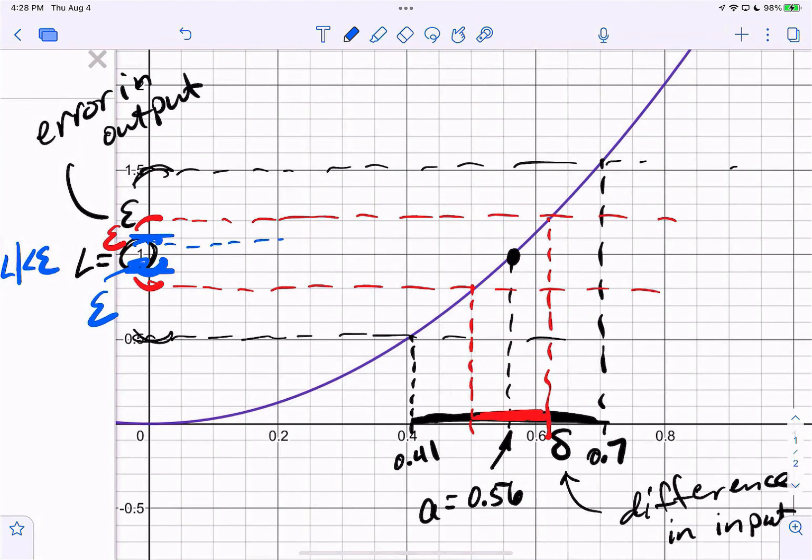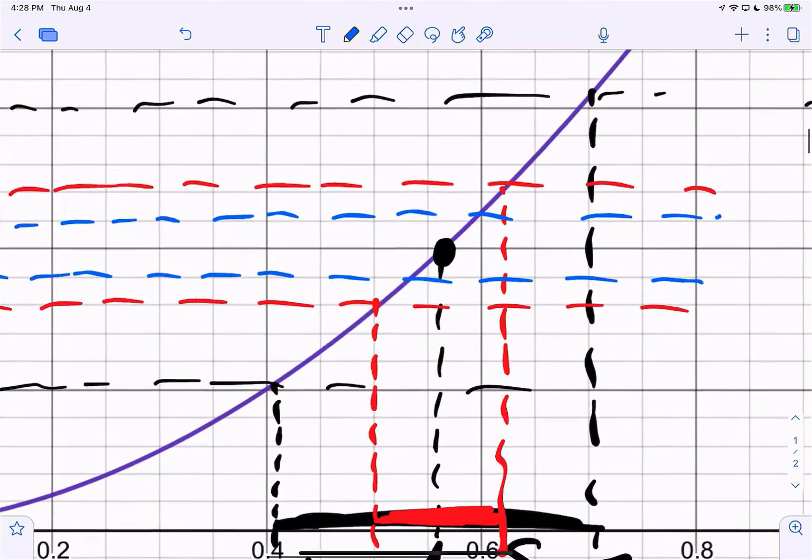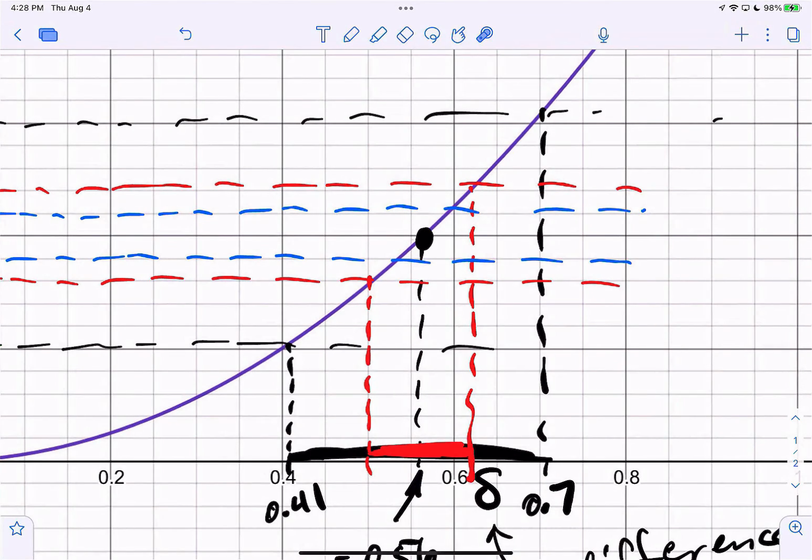Now remember, I want to be contained between the two blue dashed lines. When I say contained, what I mean is I want the output of the function not to be higher than this blue line and lower than this blue line here. And I'm going to achieve that by tightening up my interval on the x-axis.